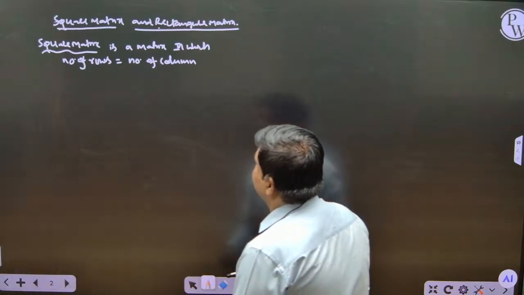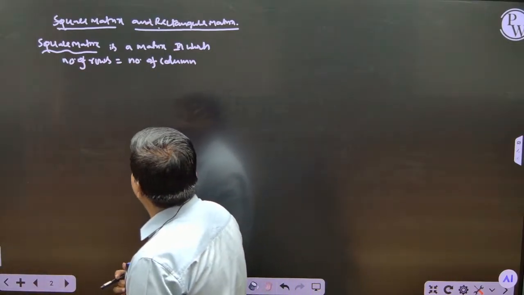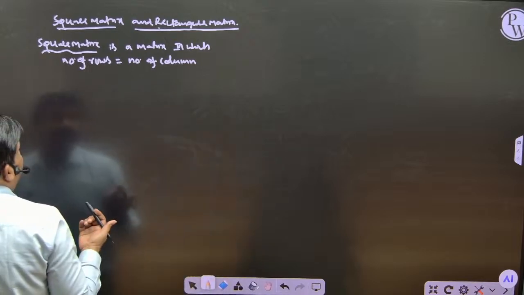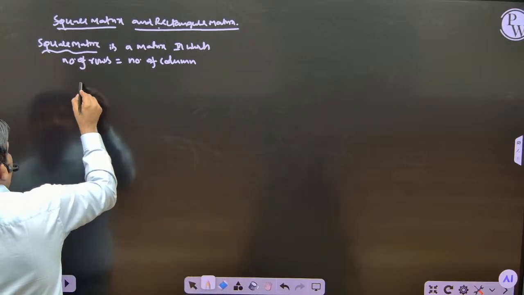A square matrix is a matrix in which the number of rows is equal to what? The number of columns.